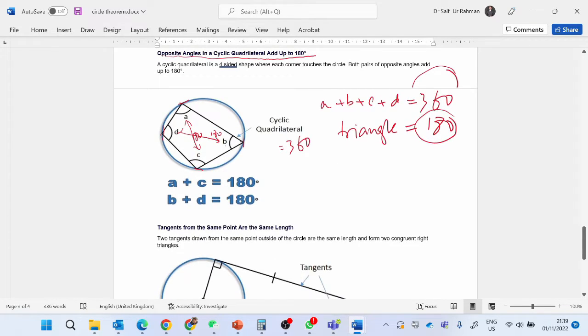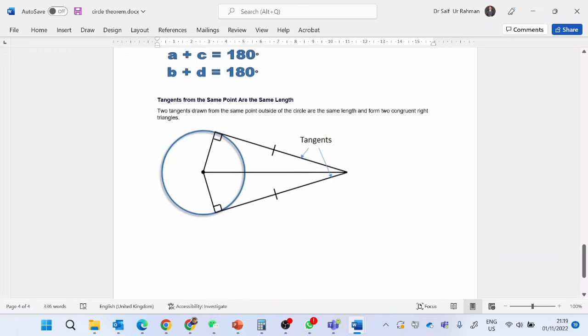This is our previous knowledge, but this theorem says that the opposite angles in a cyclic quadrilateral, that means the quadrilateral has to be covered by a circle where all the vertices of the quadrilateral are touching the circle, add up to 180.